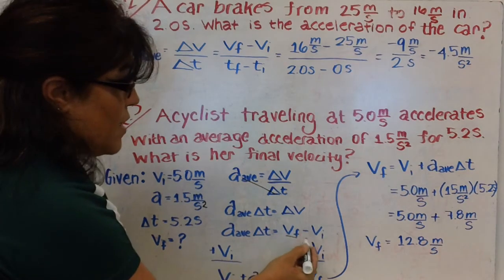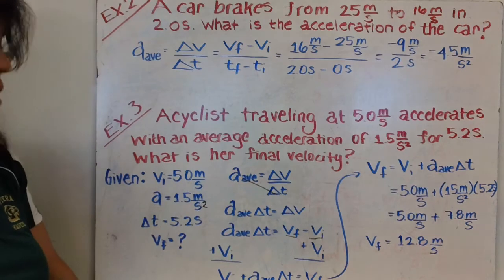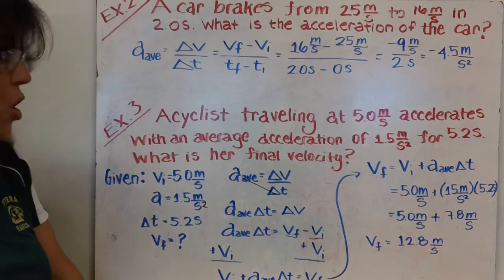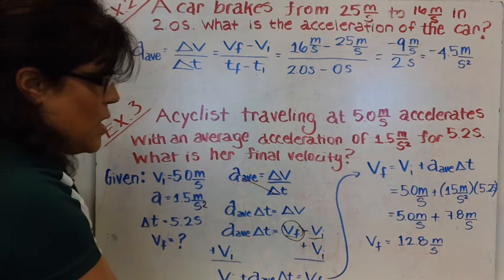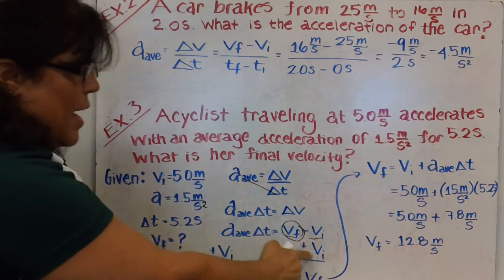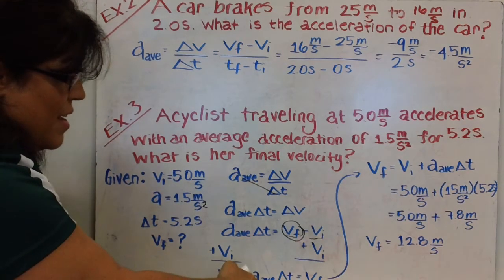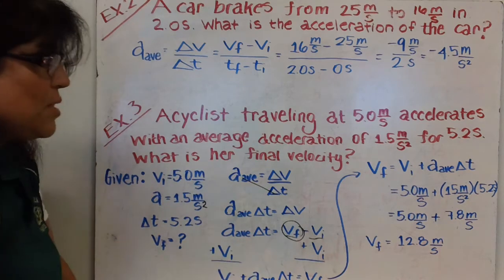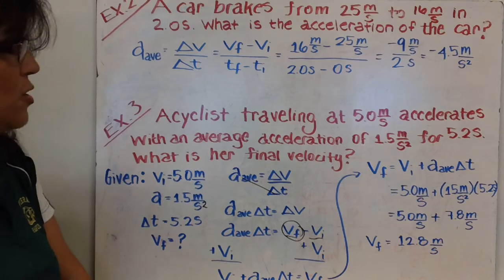So right here we have final velocity minus initial velocity equals average acceleration times change in time. Well, we're not looking for this whole thing. We only want to know this value here. So we're going to add initial velocity to both sides. Now I have V initial plus A, average acceleration, times the change in time equals my final velocity. This is the equation that I'm going to use.